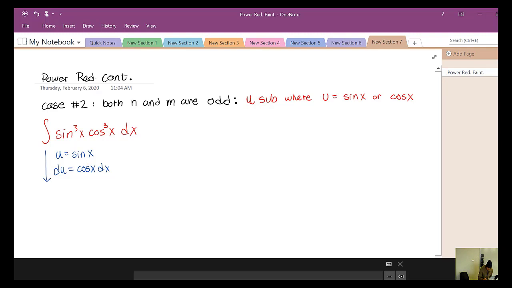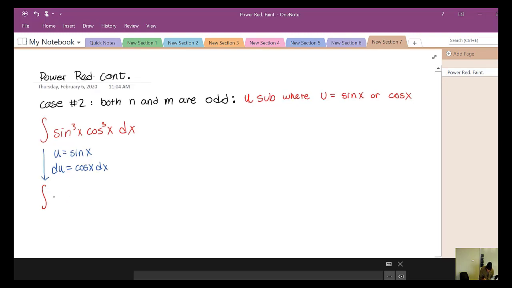So we have sine cubed, which can become u cubed, and then we have cosine cubed of x times 1 over cosine of x du.